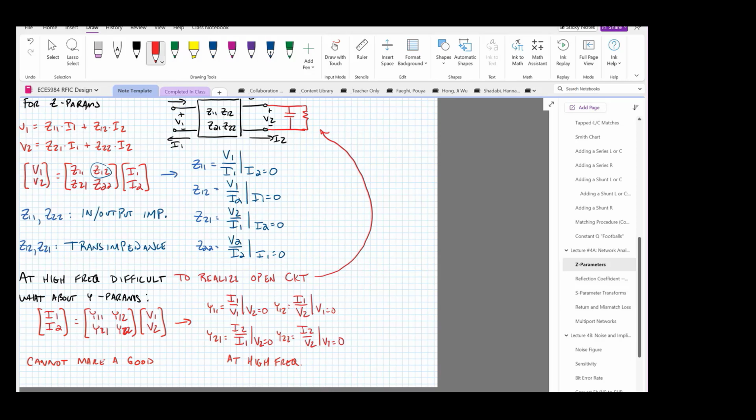All right, well, can we make a perfect short circuit? Most likely, instead of trying to make a short circuit, I'm going to get something like a lossy inductor.